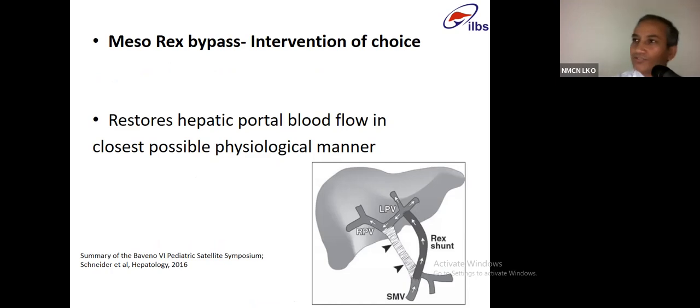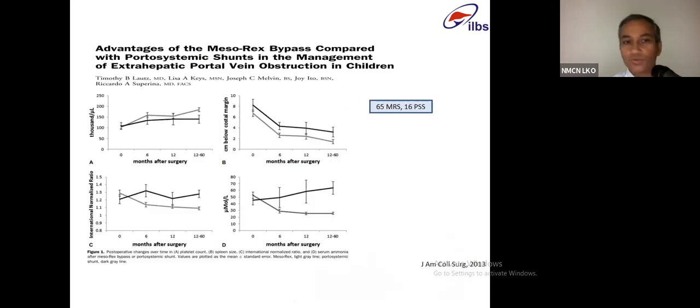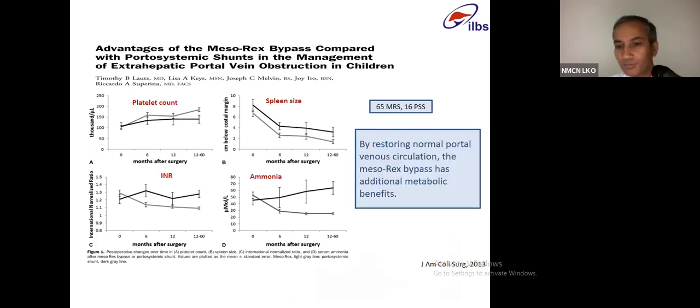So what is the other option? The other option is meso-Rex bypass, which is now in the guidelines as the intervention of choice. It restores the hepatic portal blood flow in the closest possible physiological manner. The studies have shown that with meso-Rex, there is improvement in platelet counts, decrease in the splenic size, improvement in INR, and improvement in blood ammonia.